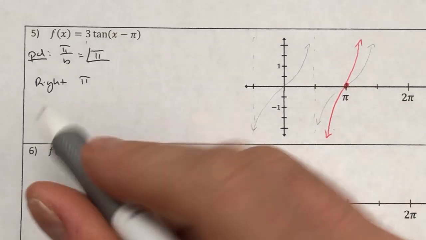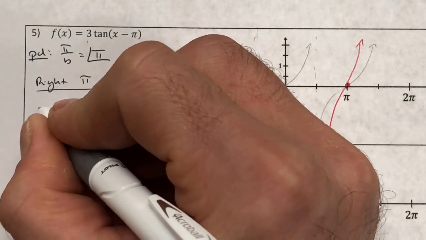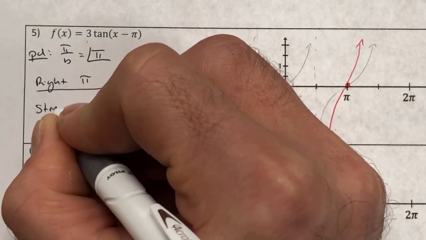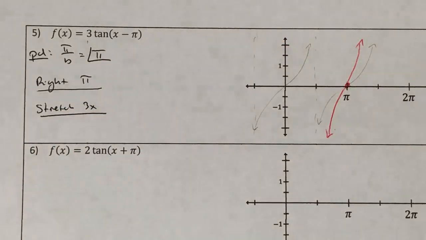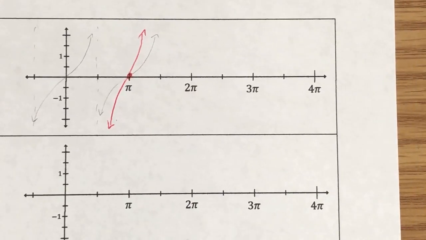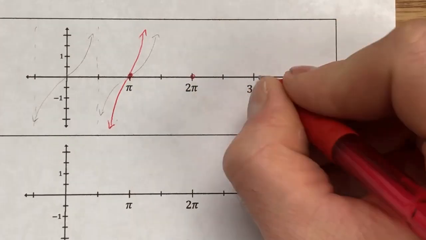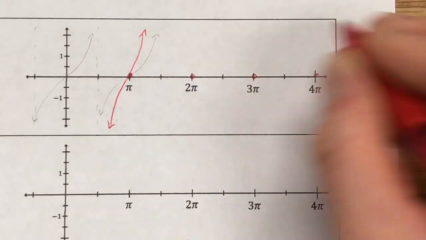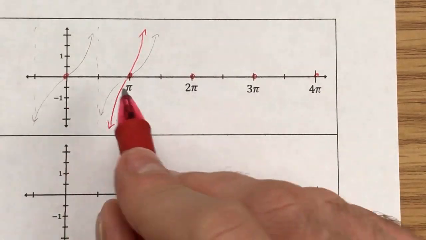So transformations, we have period, we have a right shift by pi units, and we also have a stretch, S-T-R-E-T-C-H. Forgot how I spelled stretch for a second, by a value of 3. So my graph is going to be much taller and skinnier. Every pi units, it repeats itself, which very conveniently, as we said, doesn't change where the graphs are.